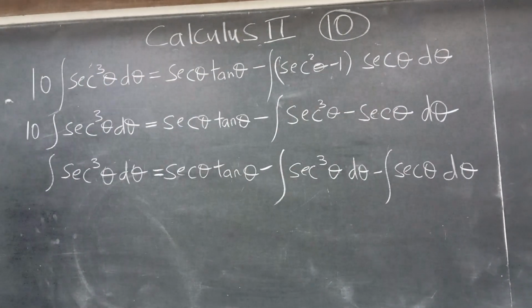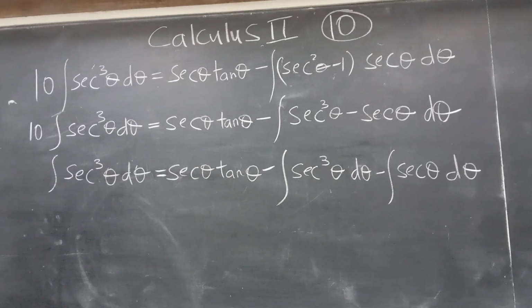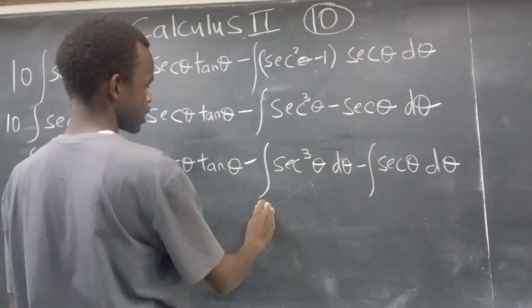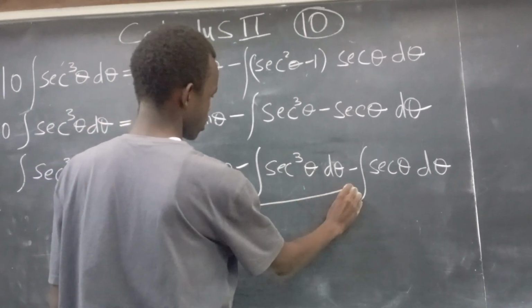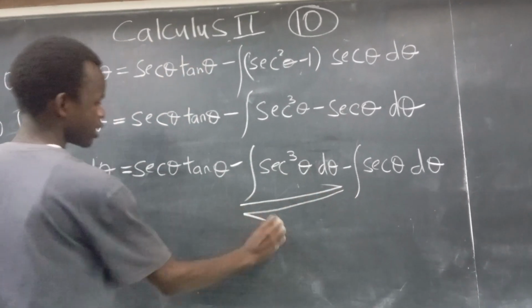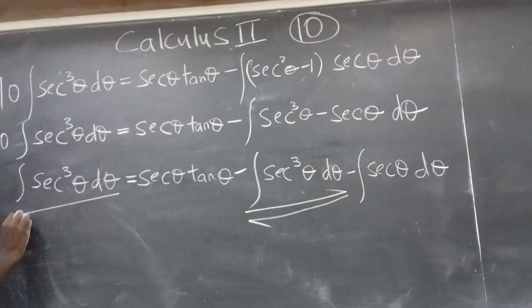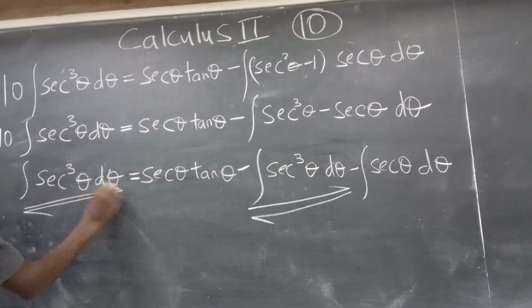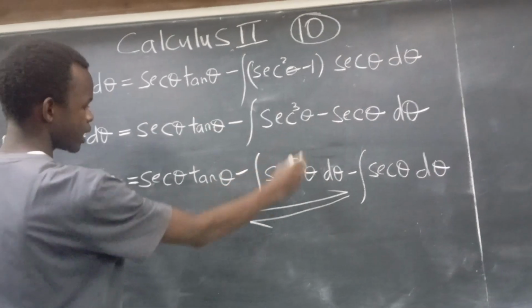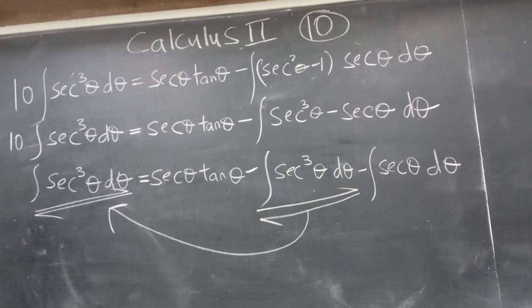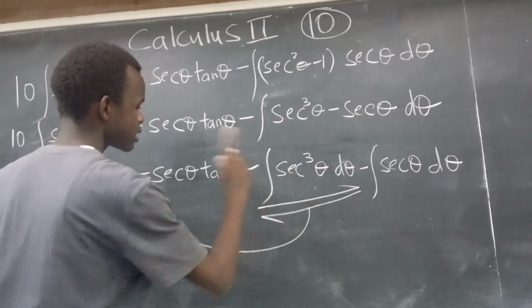Okay? So from here, as you can see, this is now the reduction formula. As you can see here, there is the integral of secant cubed, and that part resembles this part. Okay? So I'll take this part and bring it to my left side, because it's just similar.